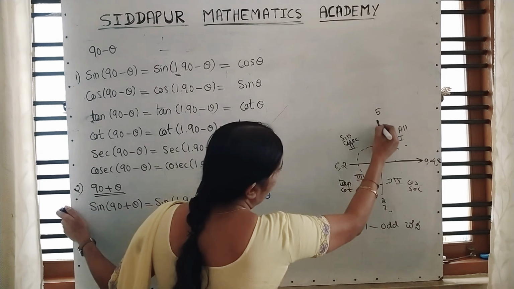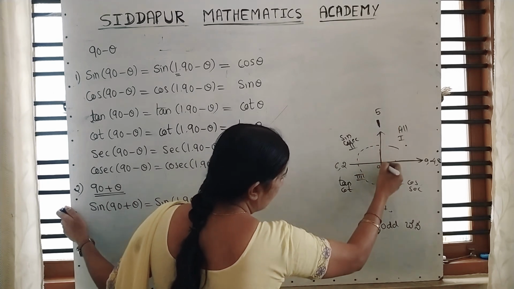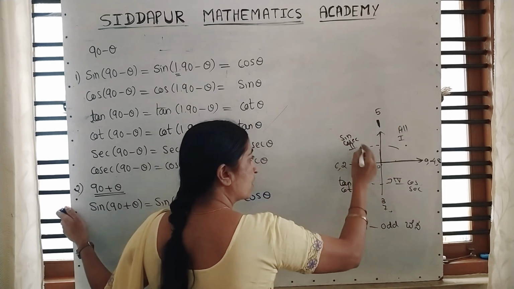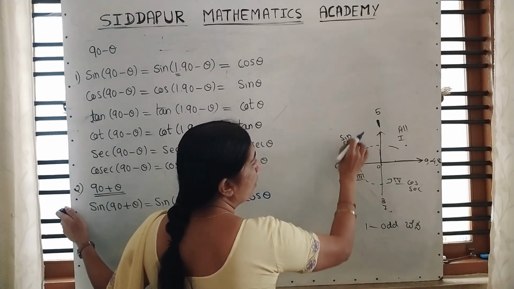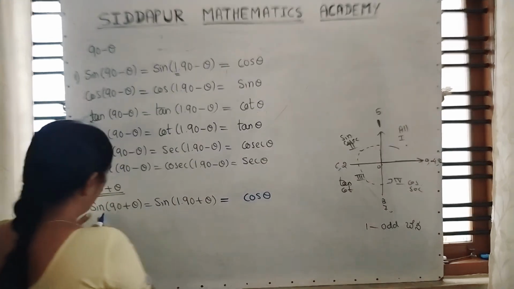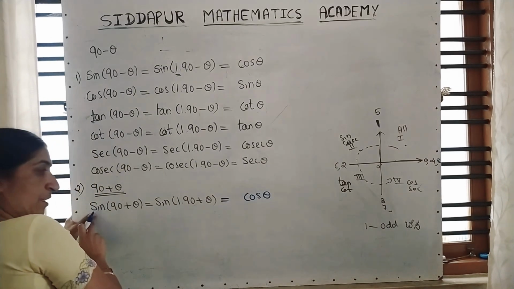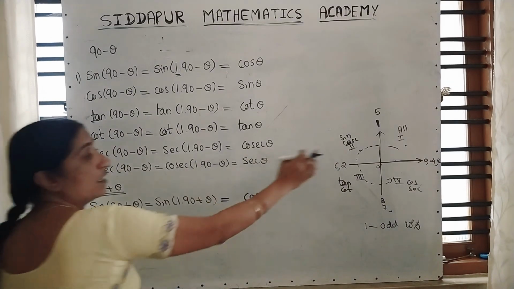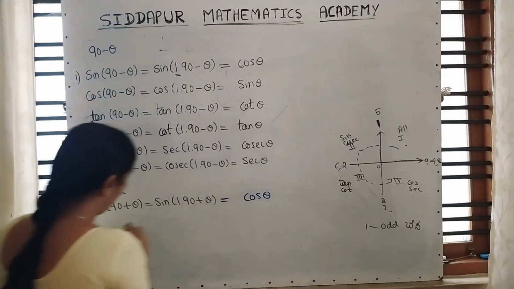This is the line 1 into 90. Plus means we are moving to the next. In the second quadrant, only sine and cosec are positive. We started with sine, and sine is positive in the second quadrant. So the answer is positive.